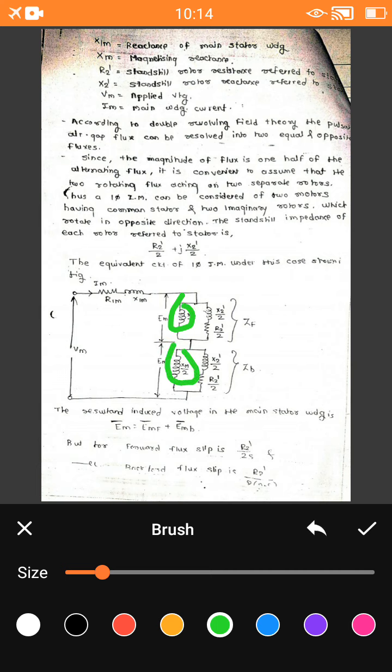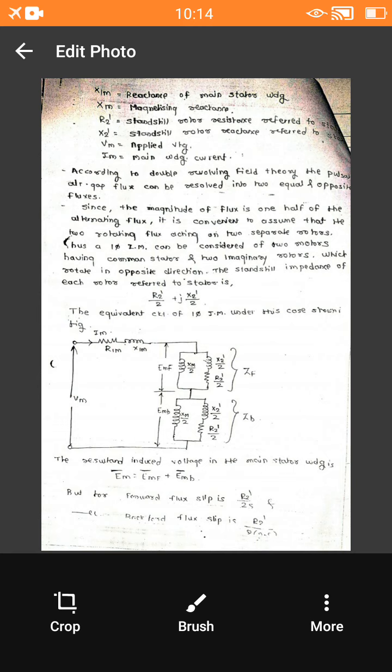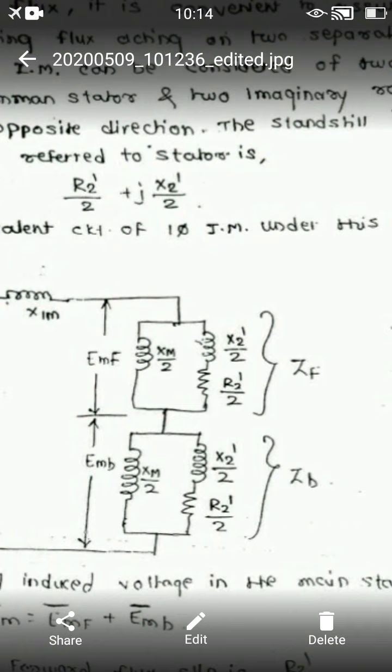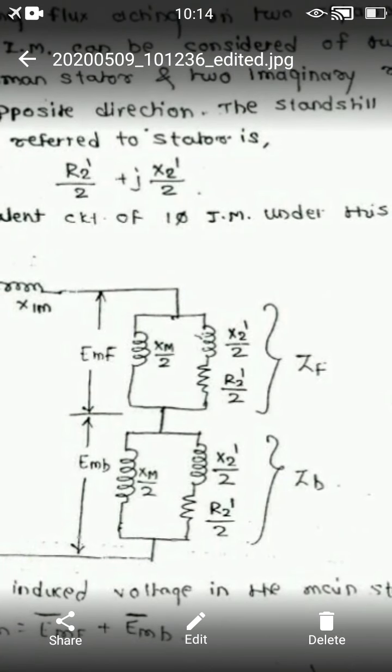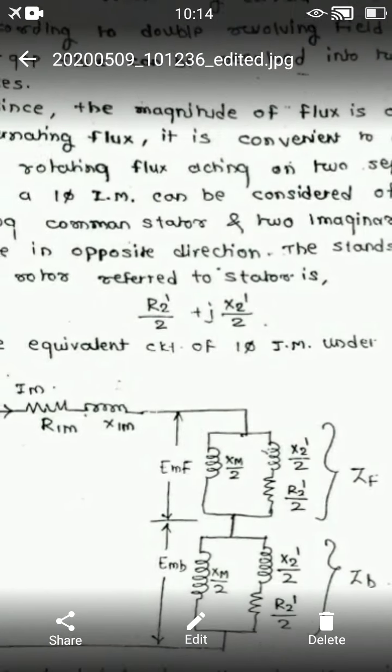The first part is for the forward direction and the second part is for the backward direction. So this is the division of the mutual reactance of the circuit. Similarly, we can divide the rotor reactance as well as the rotor resistance.